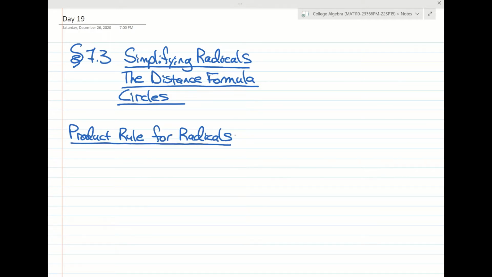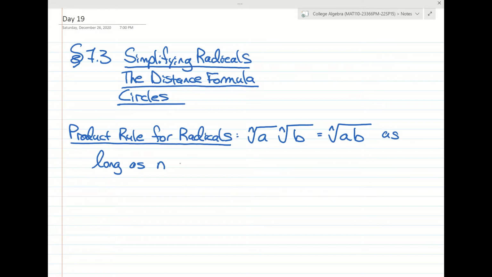And the product rule says that the nth root of A times the nth root of B is equal to the nth root of A times B as long as n isn't even and A and B are not both negative.